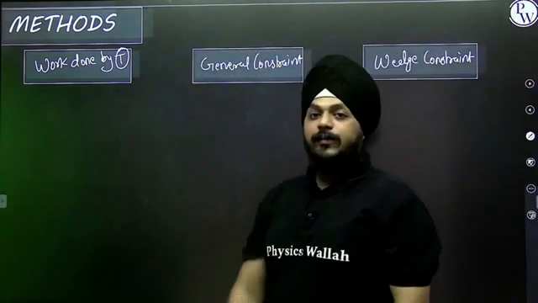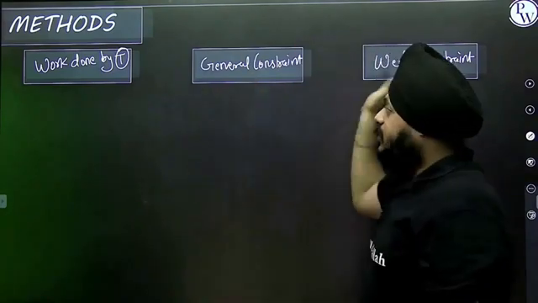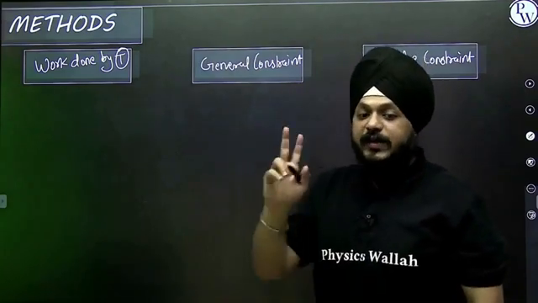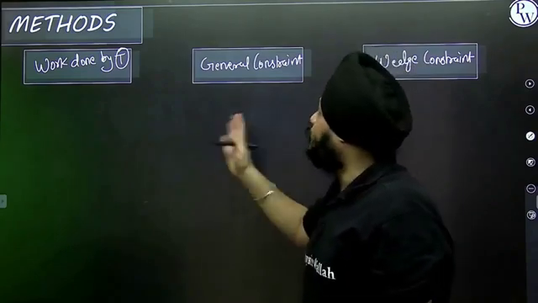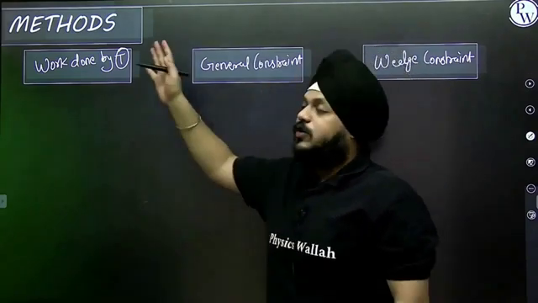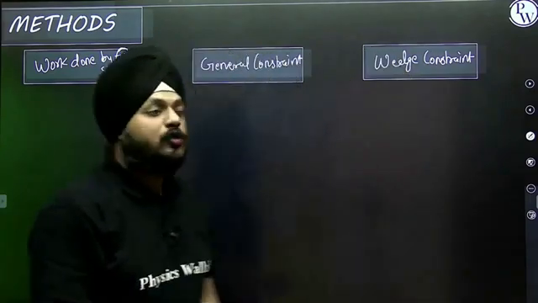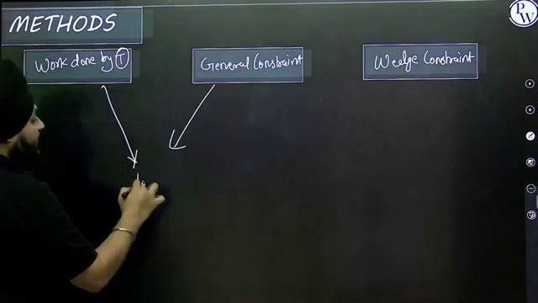Work done by the tension, general constraint, wedge constraint. Apart from these, see, the length of the string method. Using the length of the string method, we can solve all of those sums of the general constraint and work done by tension.